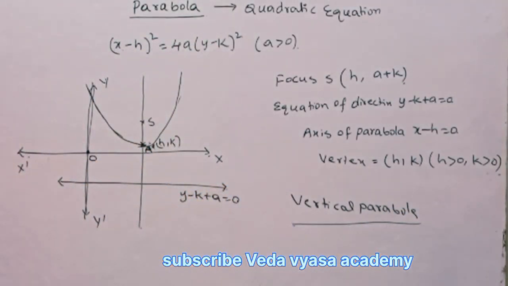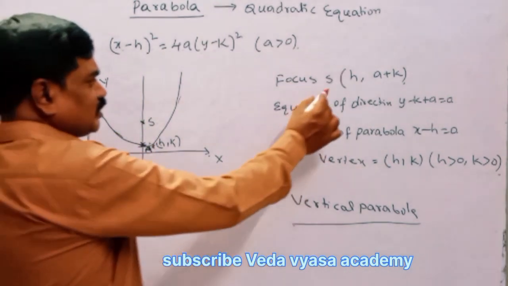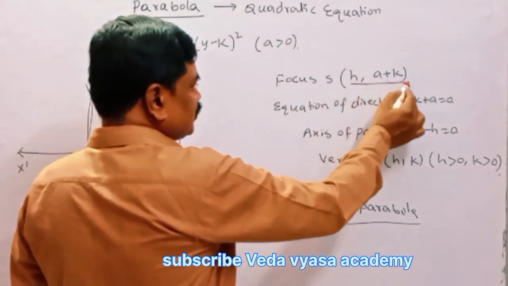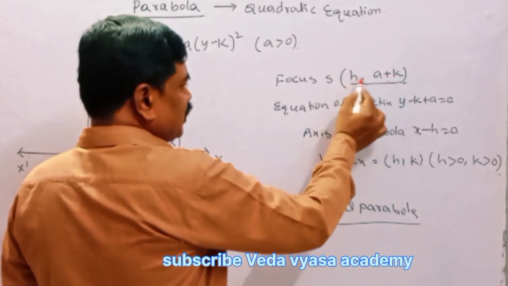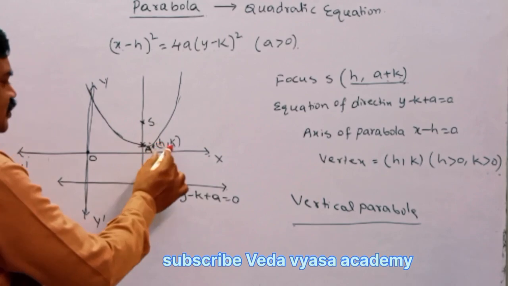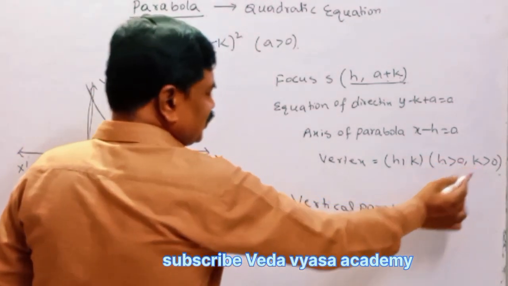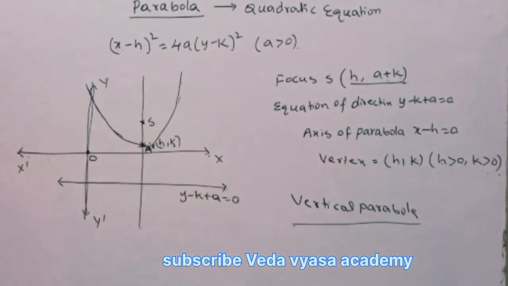Okay. So here what is the focus for this one? The focus is (h, a plus k). This is the vertex (h, k), where h greater than 0, k greater than 0.